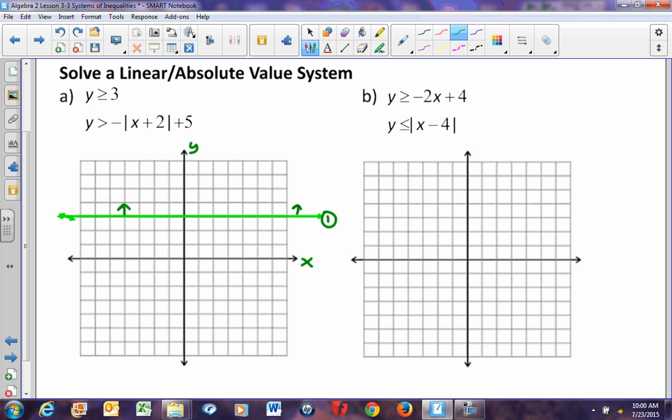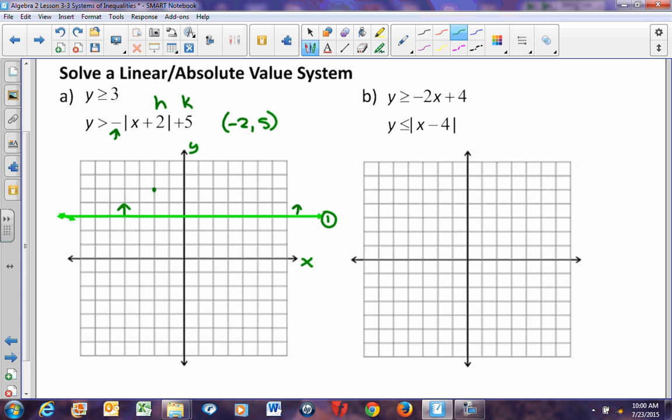The second one now is an absolute value graph. Because of this negative outside the absolute value, it's reflected across the x-axis, so it's pointing downwards. So I know my vertex is a maximum point. If you remember h and k, the vertex is at negative 2, 5. There's my vertex, so I'll plot the point negative 2, 5: negative 2, then 1, 2, 3, 4, 5.